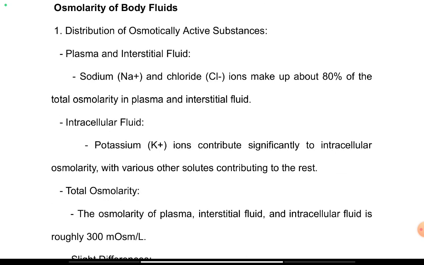I've said earlier that sodium and chloride make up 80% of total osmolarity in plasma and interstitial fluid. That's why the value we get for sodium and chloride, about 286 to 300, is used as a standard. Since it's the major contributor, if you are getting 286 as the 80% of the constituents of that fluid, the remaining 20%, if you sum it up, should still be around 300 or thereabouts.